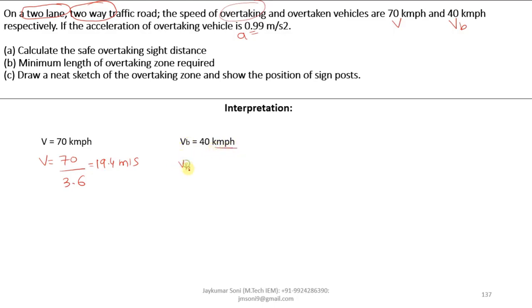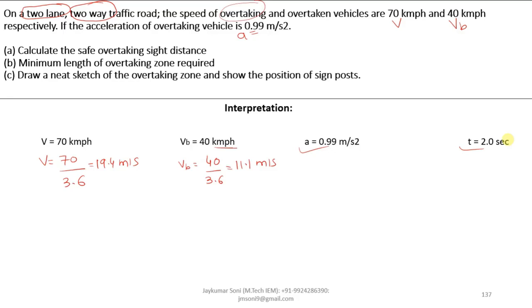We convert it into meter per second, 40 by 3.6, and we get 11.1 meter per second. The acceleration value, required in meter per second square, is already given, and small t is the reaction time. Here the reaction time is not given, so you can also take 2.5 seconds. In this case I have considered 2 seconds.